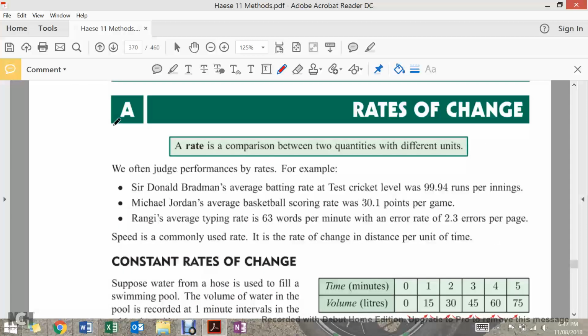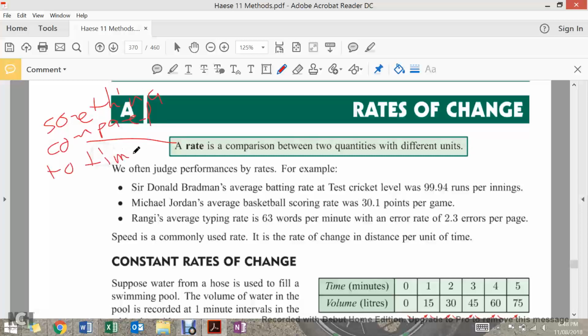So first of all, let's talk about rates. Let's get our definitions down pat. Now a rate is a comparison between two quantities with different units. And typically when we're talking about applications, this will be rates compared with time.